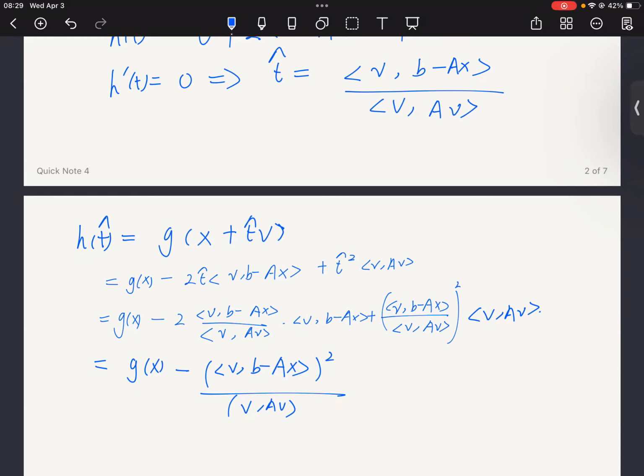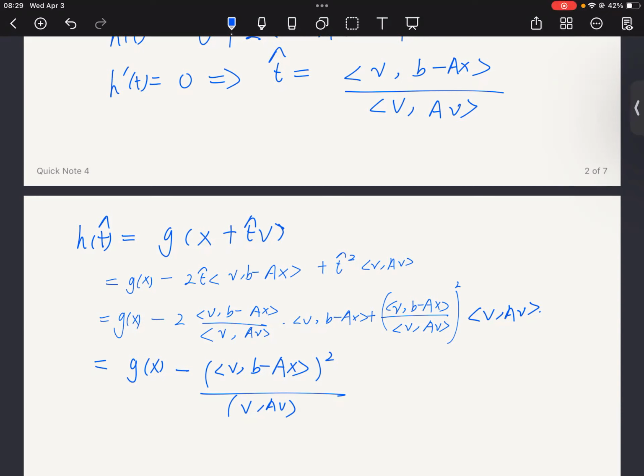So we do the subtraction and the sum, and it gives us just one subtracted item: v(b minus Ax) squared over v A v. And this is h(t hat), the minimum value of the g(x) function along this line.